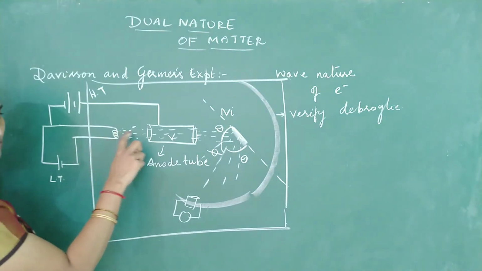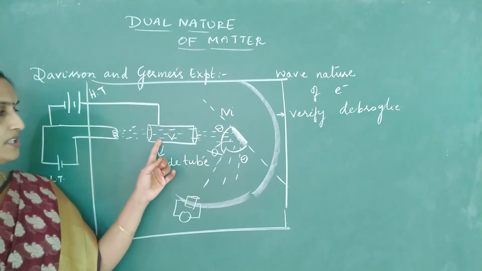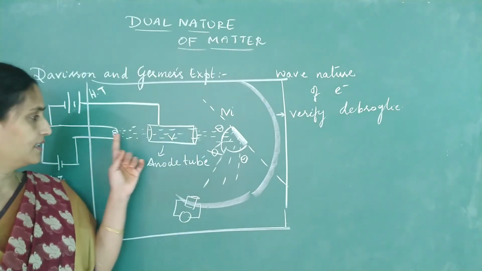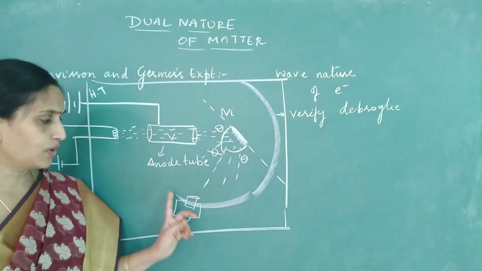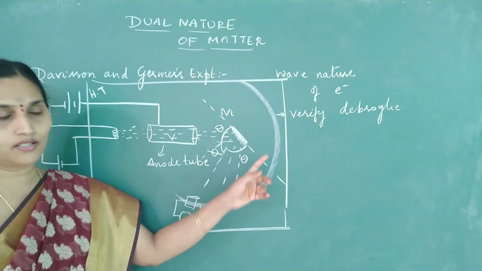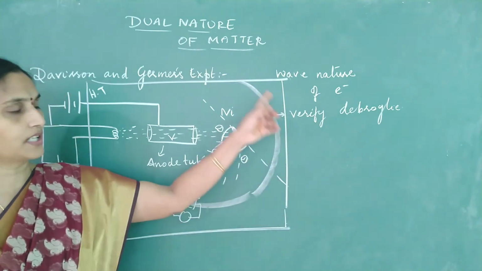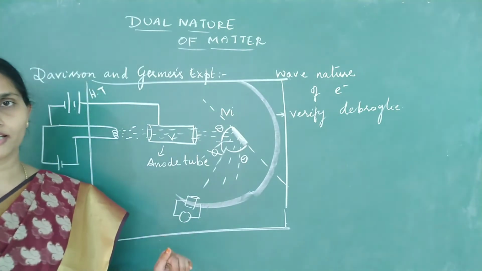These electrons are converted into a beam by passing through an anode tube which is maintained at a very high potential. The beam of electrons is made to hit the nickel crystal, and we observe the scattered radiation. That means scattered electrons are detected by this electron detector. So this was the experimental arrangement.